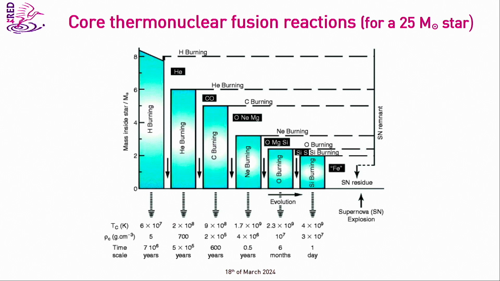And around the center, as the center has been contracting, the temperature also rose just in a shell around the core. And so you have a core which is providing energy with helium burning, but it's surrounded by a hydrogen burning shell, okay? Because there is lots of hydrogen.